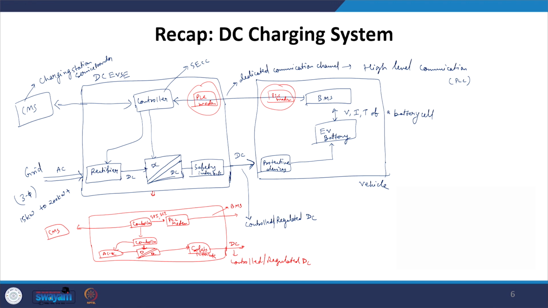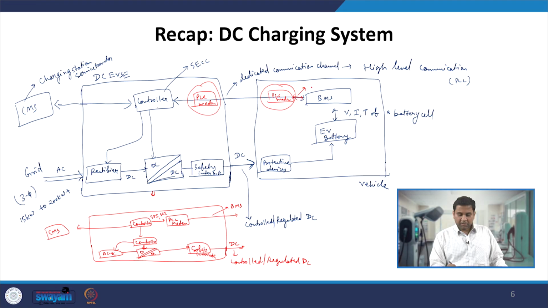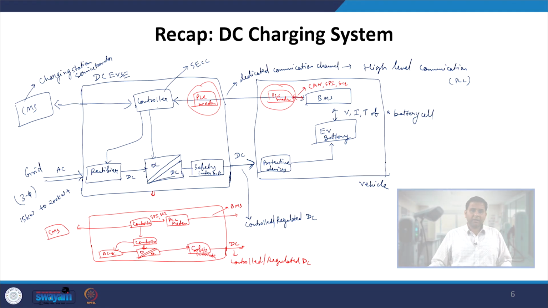On the other side, using the PLC modem, the information will be extracted and shared with the BMS. That communication between the PLC modem on the vehicle and the BMS could be done using CAN, SPI or serial communication, depending upon the speed you want to achieve.